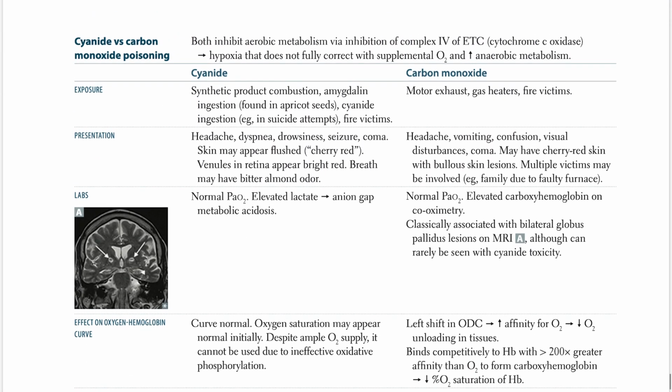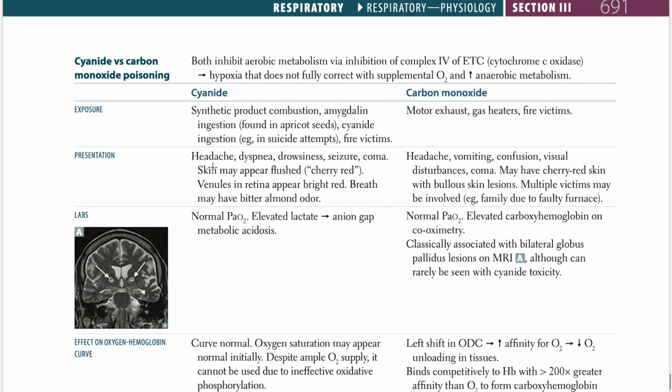Okay, moving on with cyanide versus carbon monoxide poisoning, high yield. So what do we have here? We have both cyanide, CN negative, and carbon monoxide, CO. Both inhibit aerobic metabolism via inhibition of complex 4 of the ETC, which is cytochrome C oxidase, which causes hypoxia that does not fully correct with supplemental O2.